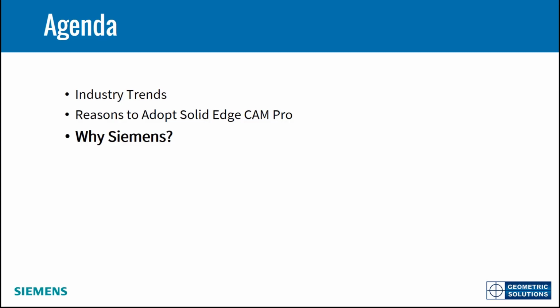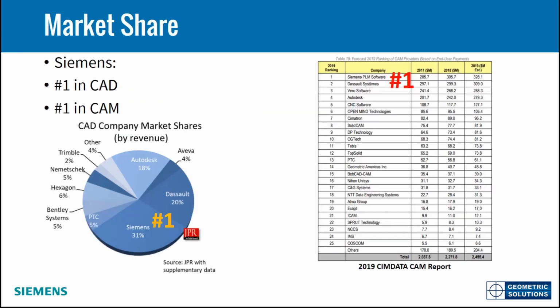The last thing we were going to talk about is why Siemens. Well, let's go back to SimData as well as JPR. Both of these companies have found that when it comes to CAD and when it comes to CAM, Siemens is number one. Now that's a good thing.